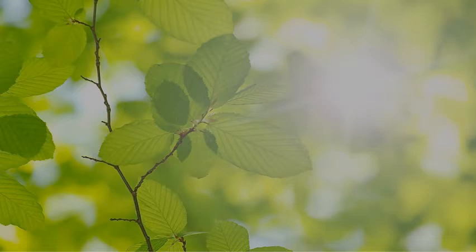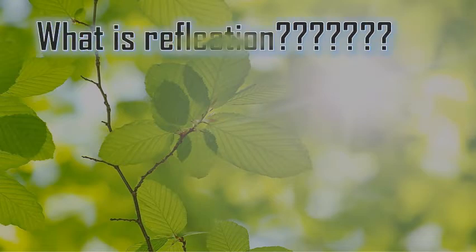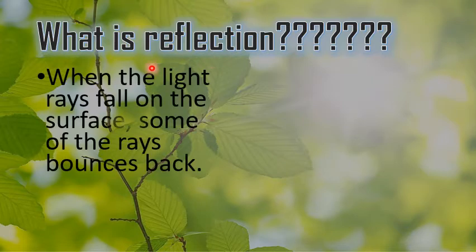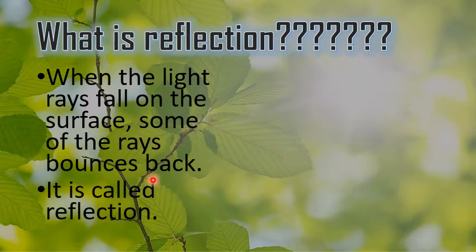The next thing that we are going to learn now is reflection. What is reflection? When the light rays fall on the surface, some of the rays bounce back, and it is called reflection.